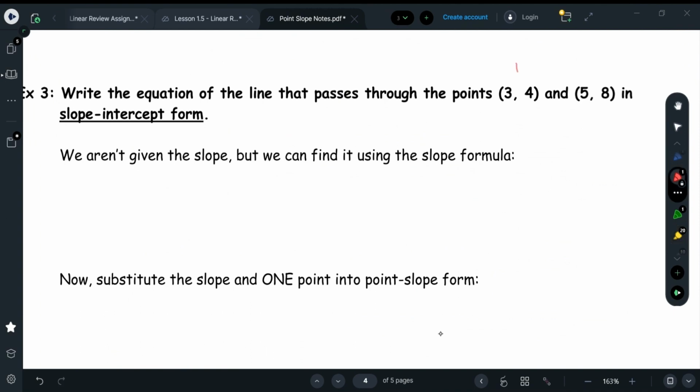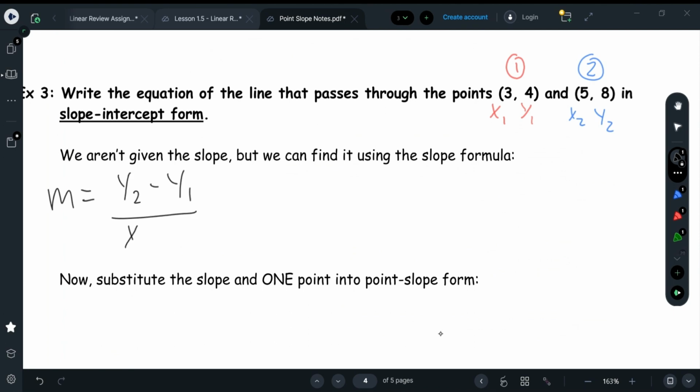Again, it doesn't matter which point you call number 1 or number 2. I'm just going to call this our first point. Call this one here our second point. Let's use our slope formula, y2 minus y1 over x2 minus x1.